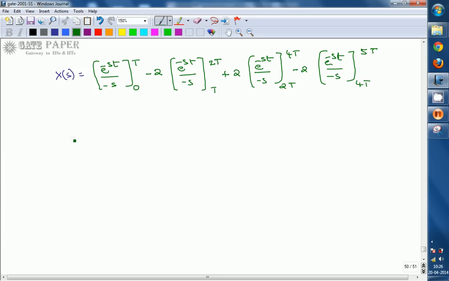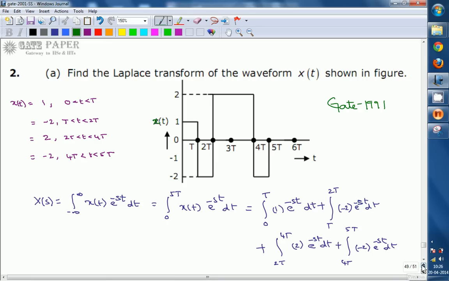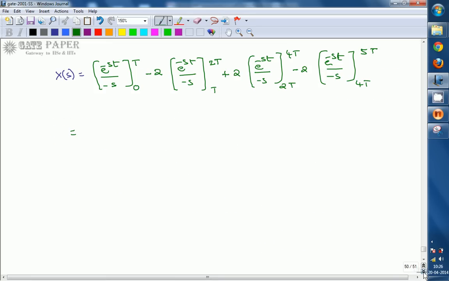Now by substituting here, we can take this 1 by minus s as common in all of the expressions. Taking minus 1 by s as common and substituting the limits, this becomes e power minus sT minus, by substituting the 0, we get 1 here.